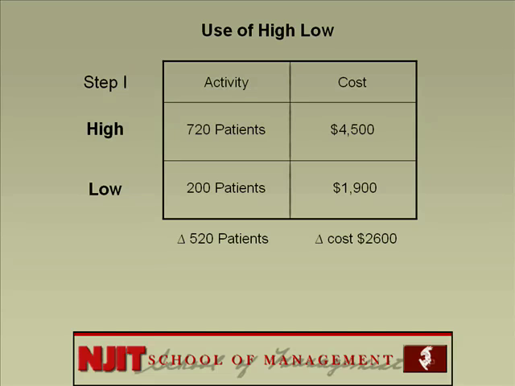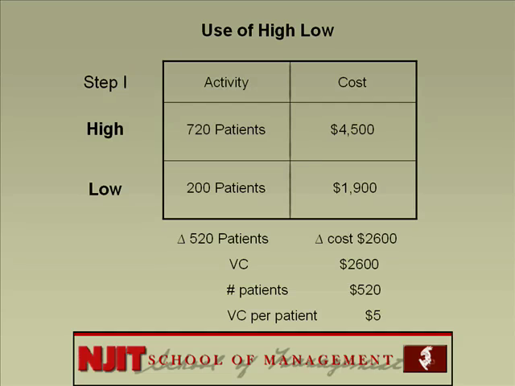If this was a pure fixed cost, it wouldn't change. Let me repeat, only variable cost changes with an activity. So the variable cost is $2,600 for a change of 520 patients. So the variable cost per patient, if you divide it, it's $5.